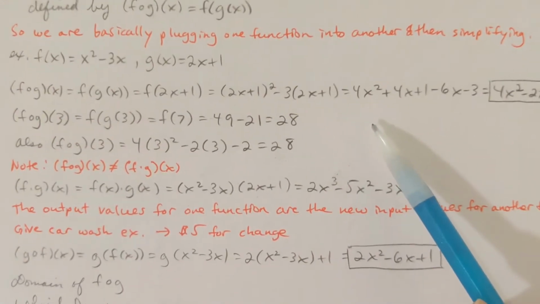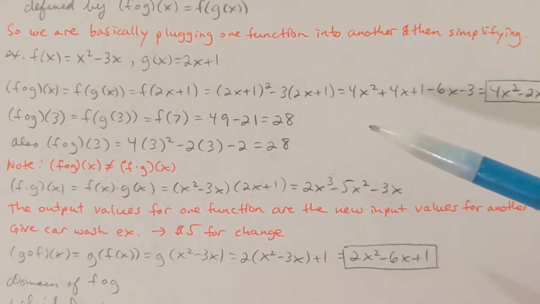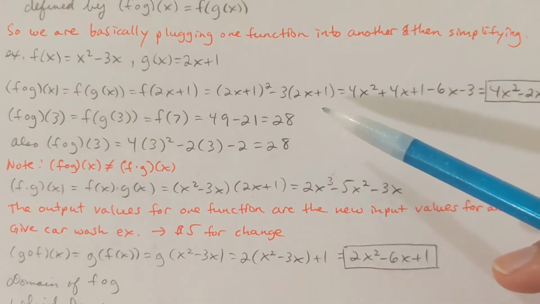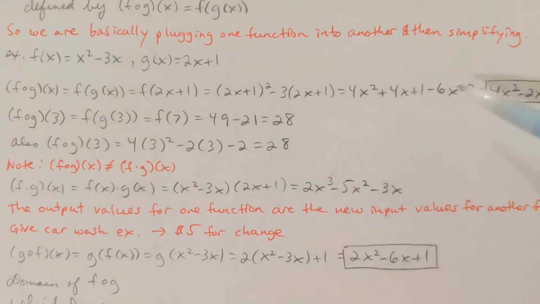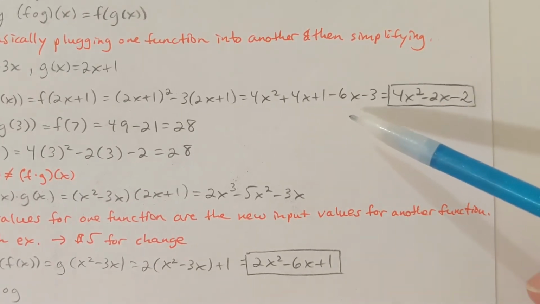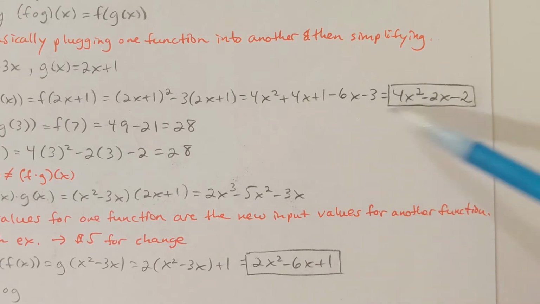And when I simplify that, 2x plus 1 squared means I've got 4x squared plus 4x plus 1, and then minus 3 times 2x plus 1 is minus 6x minus 3. Combine my like terms: 4x squared minus 2x minus 2.